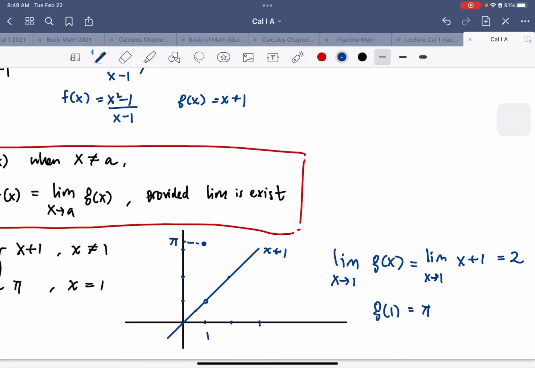So we provide that the limit exists. But here we are going to have some connection with the next section, which is continuity. Because this is not the same result, we call this a discontinuous function. So we call this discontinuous, or discontinuity happens.